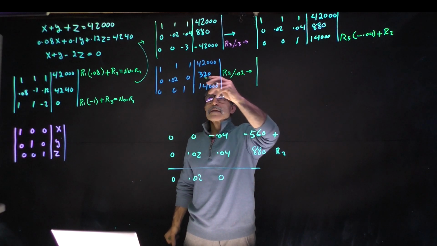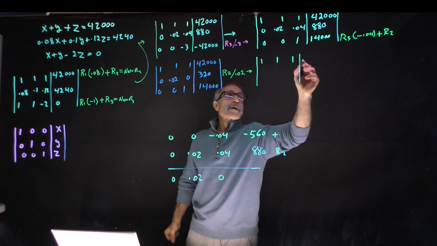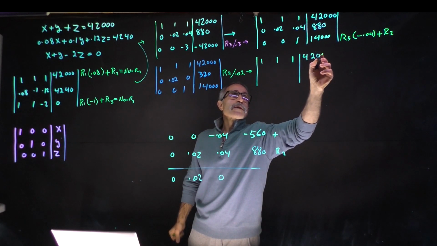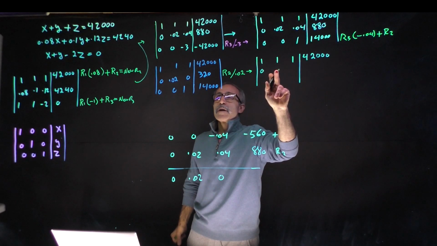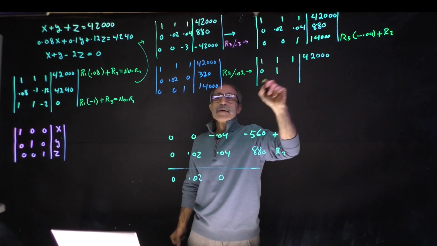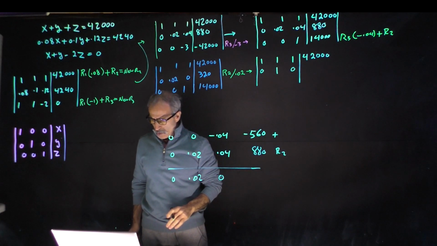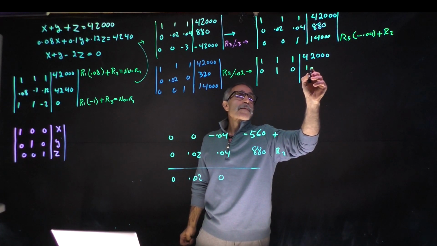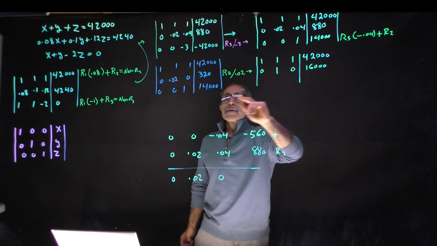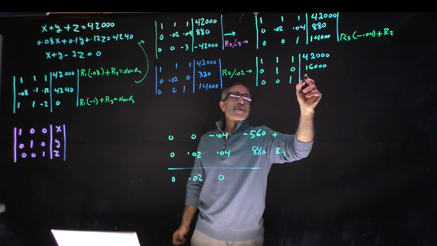Row 1 is going to stay the same: 1, 1, 1, 42,000. And I'm going to have 0, and that divided by 0.02 makes it 1. That becomes 0. 320 divided by 0.02 makes it 16,000. And this row is going to stay the same because we already solved it, 0, 0, 1, and that's 14,000.